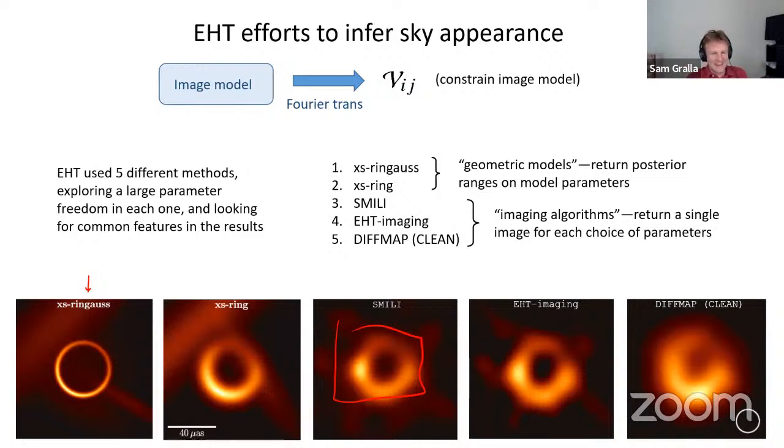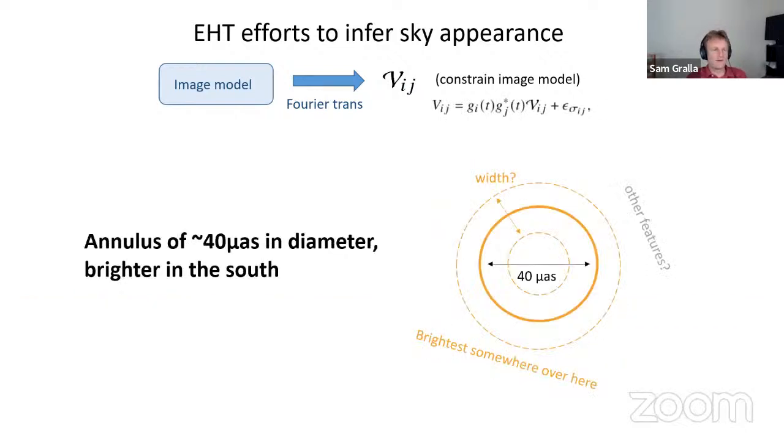And they came up with, again, it looks mostly like a ring, and this time it's 50 microarcseconds. But I think you should think of what we've learned about M87 and Sag A star as this orange picture, except for Sagittarius A star, it's 50 microarcseconds, and we don't know that it's brightest on one side. We just know that it's about 50 microarcseconds. The picture they show is just the one they show to put in newspapers and paper one. There's no science in the picture. Okay, thanks.